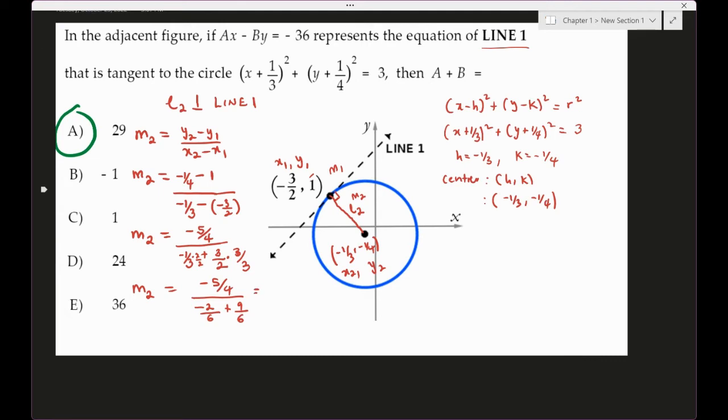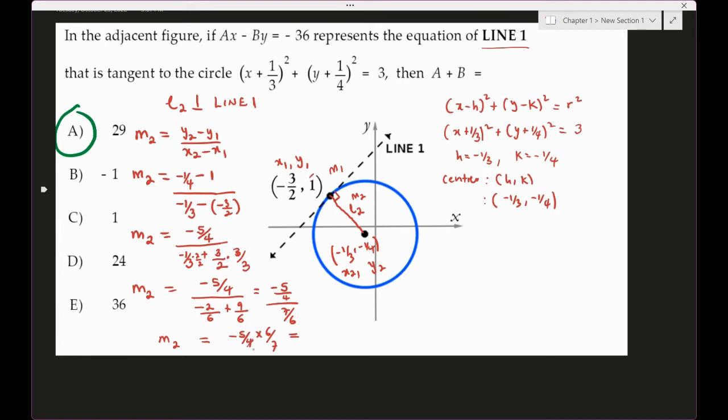And what do we get? This will be minus 5 over 4, divided by 7 over 6. So M2 is minus 5 over 4 multiplied by 6 over 7, changing division into multiplication.